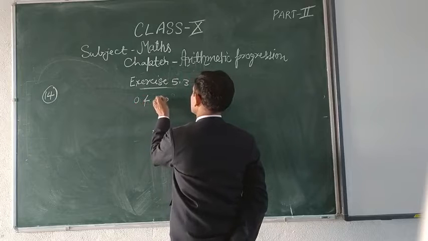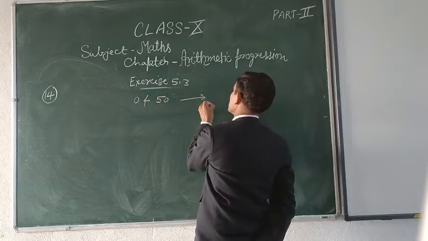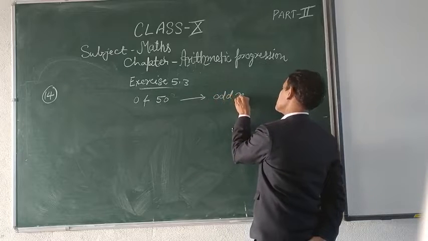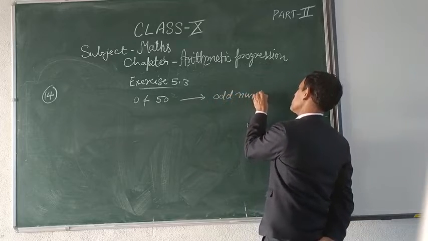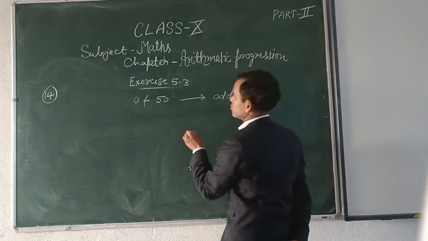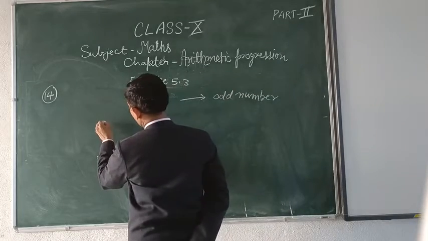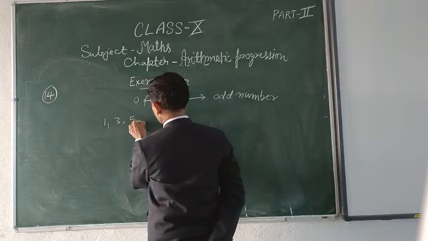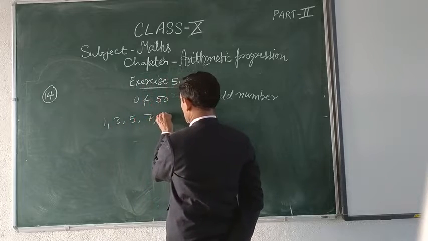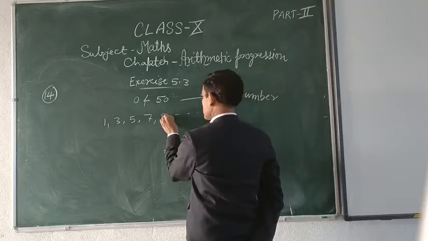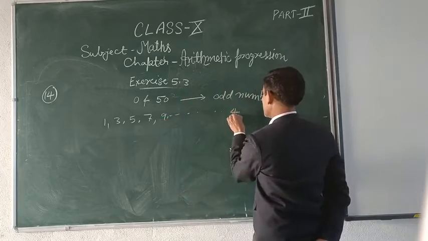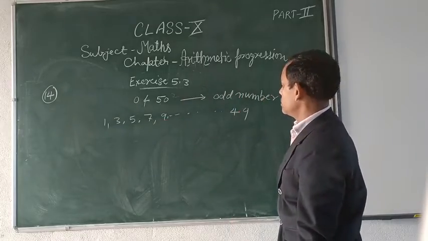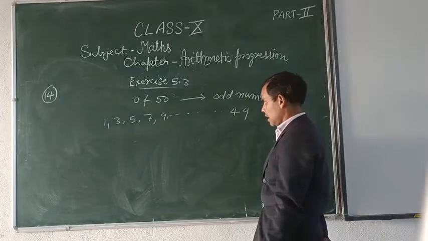We have to find the sum of the odd numbers. How many odd numbers? 1, 3, 5, 7, 9, and so on, and in the last 49. These are the odd numbers. So we need to find firstly n.